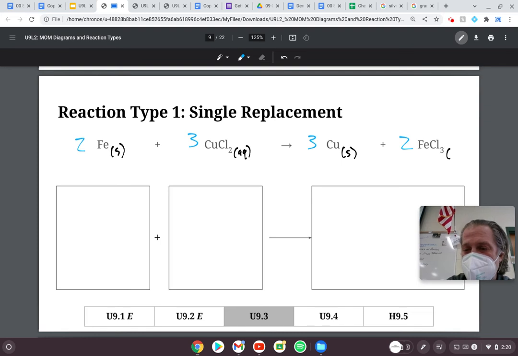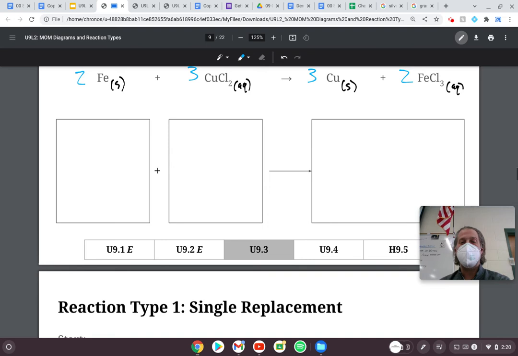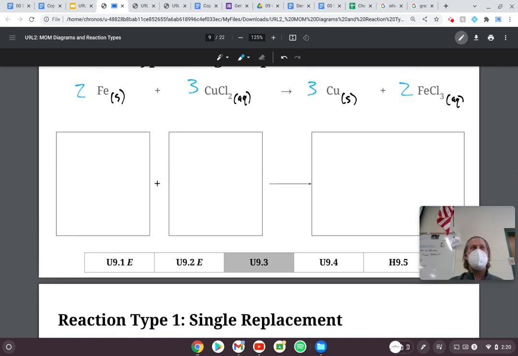Aqueous. Fantastic. Now, when we go to draw what's happening here, we have to be able to represent accurately the number of each element that is present at each spot. So there's no subscript behind the Fe in the first spot, but there is a coefficient of 2 in front of it.